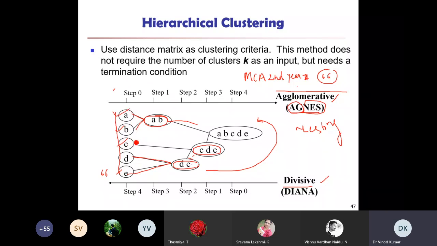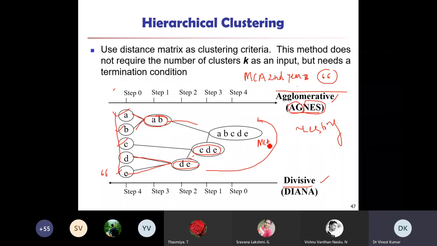So clustering is formed based on similarity. Then further they increase by adding members to the clusters. In different steps it happens, but overall the MCA students are a single cluster of 66 students.